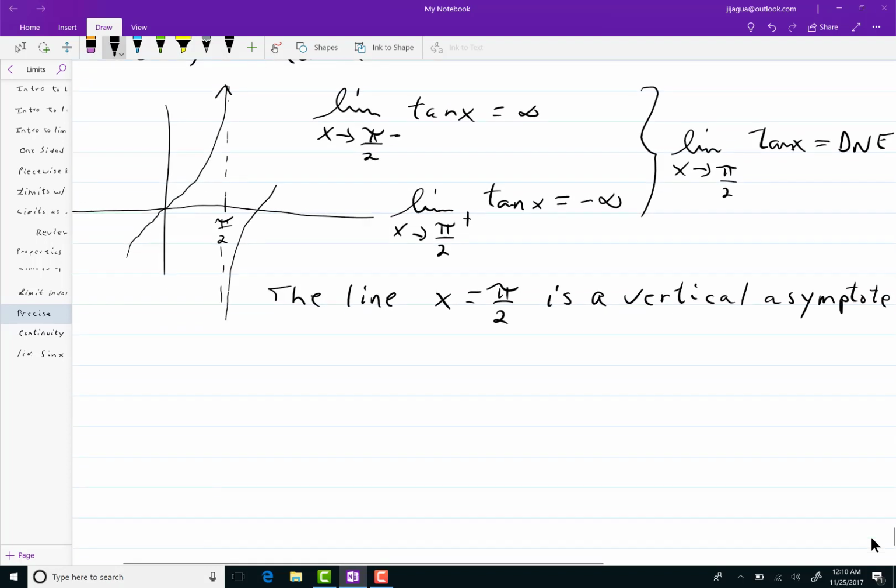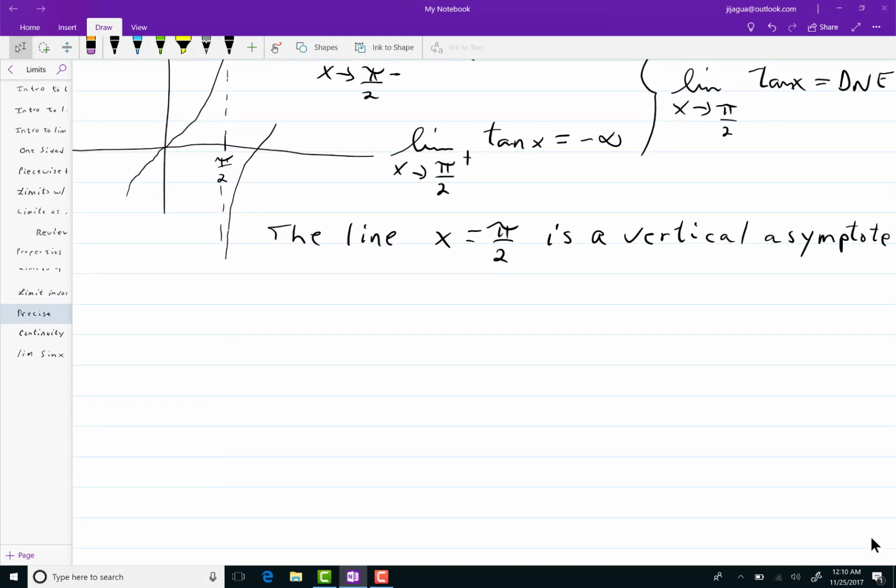All right, I think one more example will be fine for me. Let's take a look at the function x squared minus x minus 6 divided by 3x squared minus 4x minus 15.